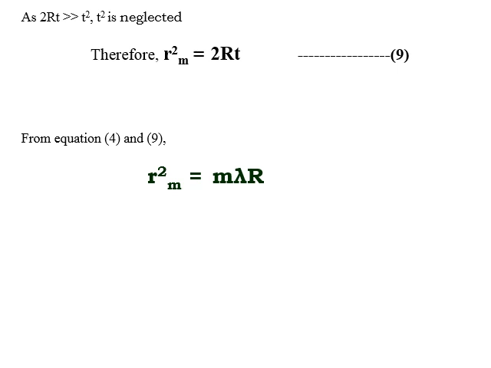So from equations number 4 and 9, have a look at equation 4. R square m will be equal to m lambda R. For a dark ring, this 2T is nothing but m lambda, that we have kept over here.